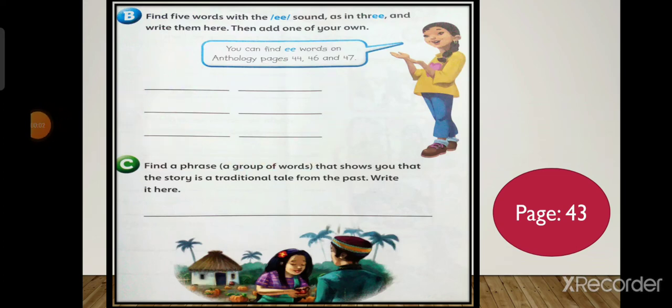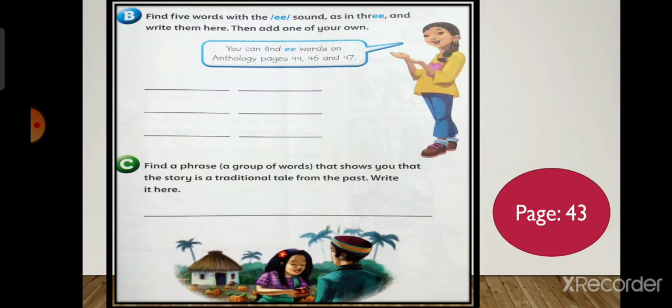In the next question, you will find a phrase. Phrase means a group of words that shows you that the story is a traditional tale from the past. Write it here. Do you remember how the story starts? Yes, it begins many years ago.